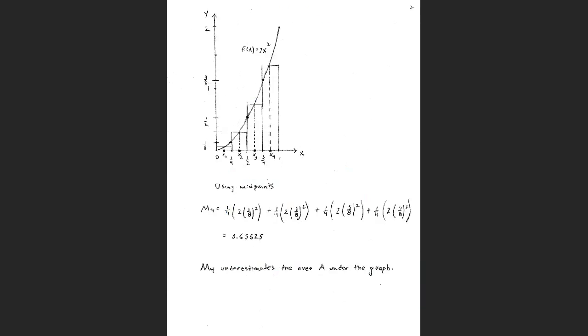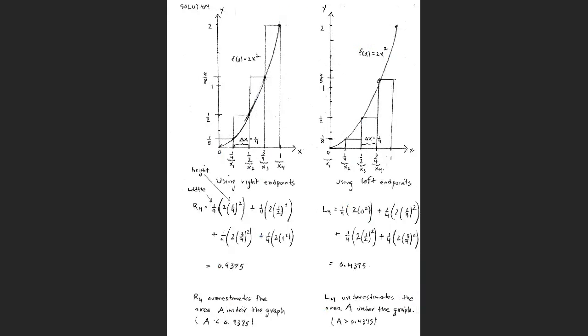Okay, and let me just go back for a moment to the previous problem real quick. So for r sub 4, when we had 2 times 1 fourth squared, that was f of a fourth, but that was f of x sub 1, right? And then 2 times a half squared, that was f of a half.